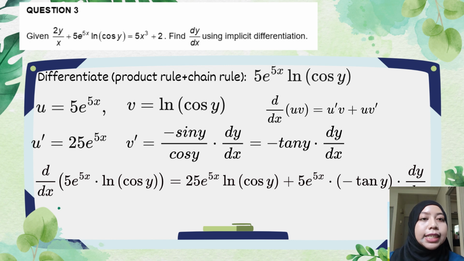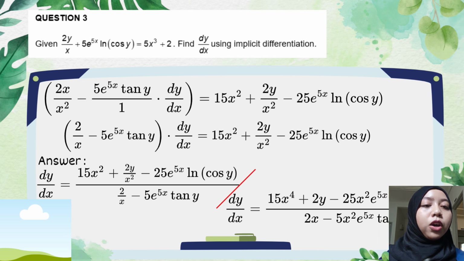After that, we must simplify the equation, using the chain rule, and get the answer. After we combine all the equations we get, we must simplify the equation and get the answer that we want.